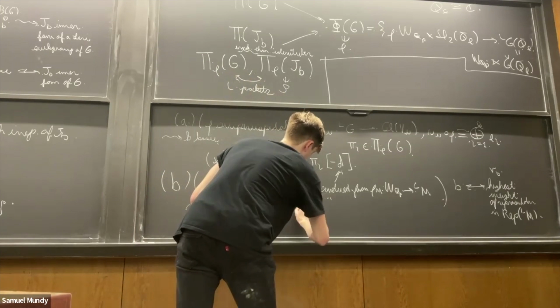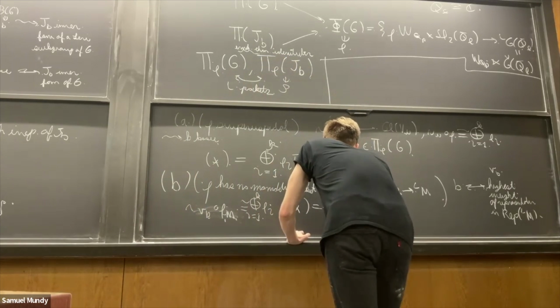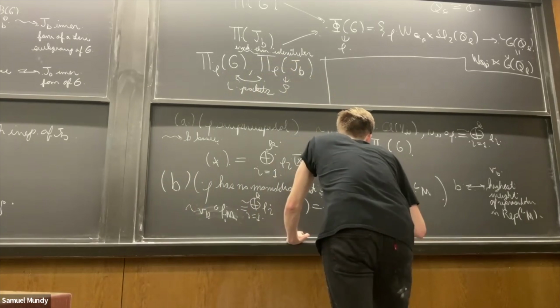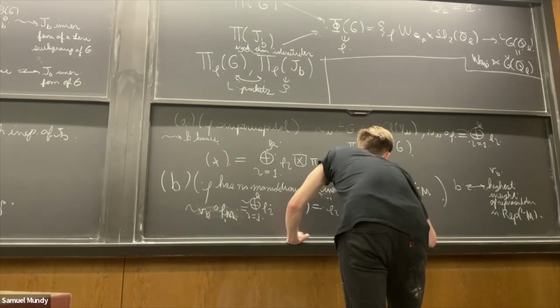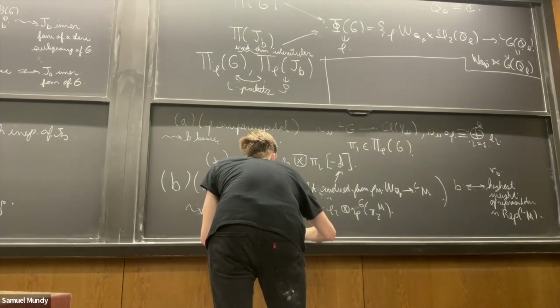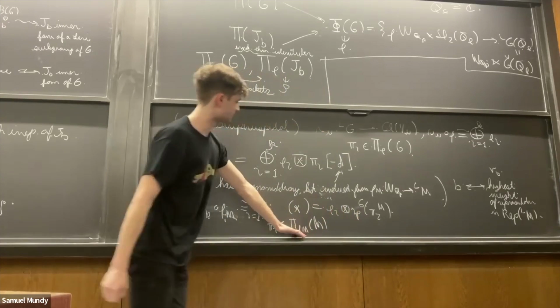And then my star, in this case, is going to be isomorphic to, again, these phi_i appearing here, together with the normalized parabolic inductions of some pi_i, which will be members of the L packet over the supercuspidal parameter of m.